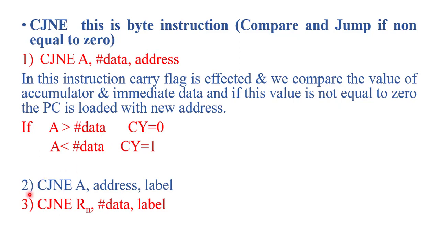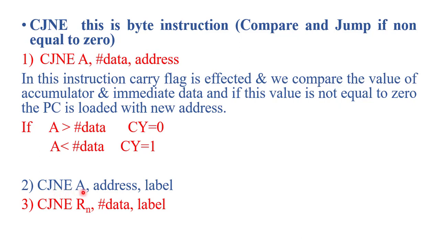Now the second instruction of this category is CJNE A, address, label. Here we write address, but address is also known as label. This is the address of the memory location and A is the accumulator register. This instruction tells that compare and jump if not equal.